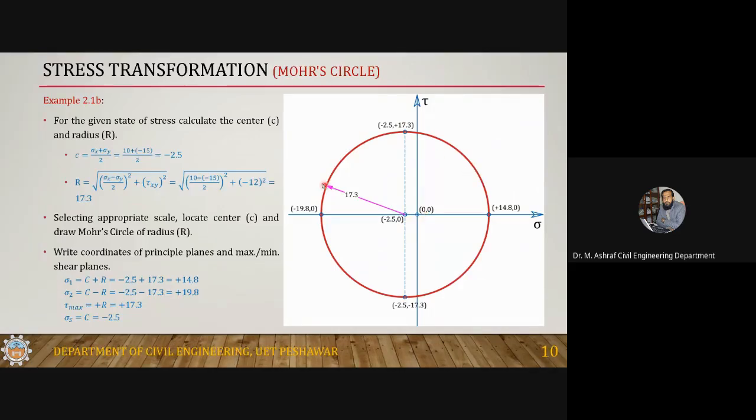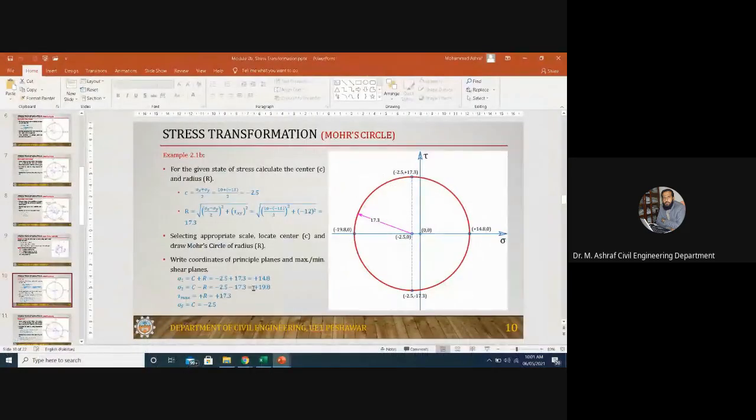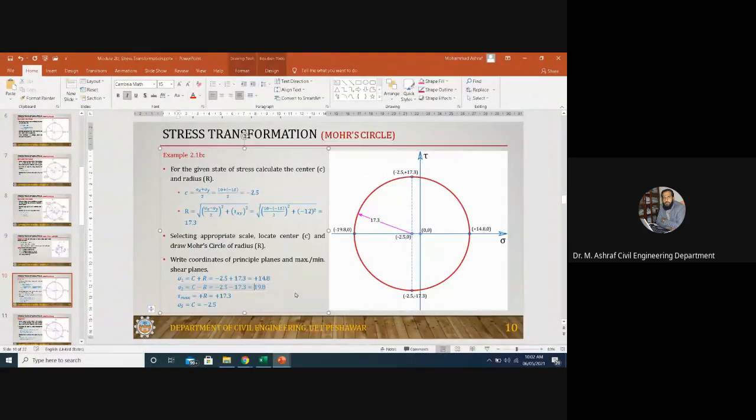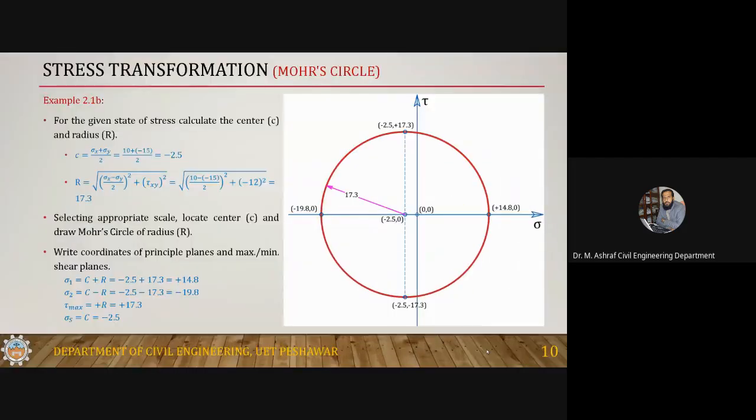So it's very easy. Locate the center, open your compass equal to 17.3 and draw this circle. Now locate and write these points. This point should be C plus R. C is minus 2.5 and R is 17.3, so it is 14.8 and 0. This will be C minus R, so sigma 2 is minus 19.8.